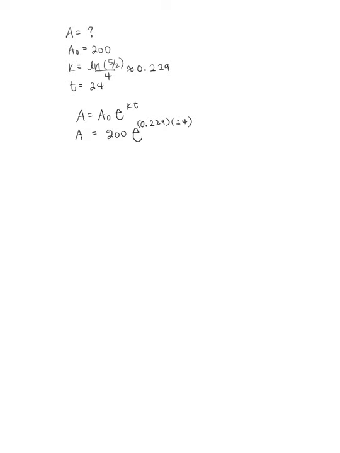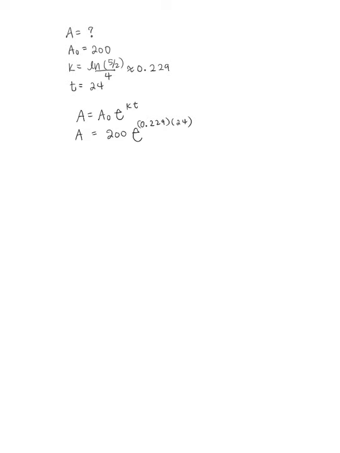Depending on what kind of calculator you have, your order of inputting might be a little bit different. But if you have a graphing or scientific calculator, you should be able to just type in 200 and then times and then find the e button. Mine is second ln, so let me go with second natural log, and that should give me e to the.